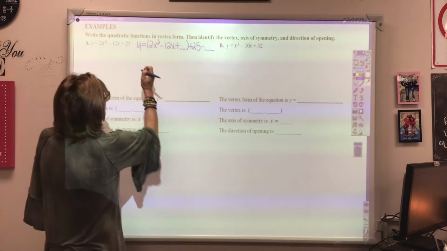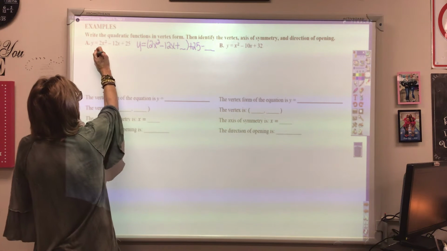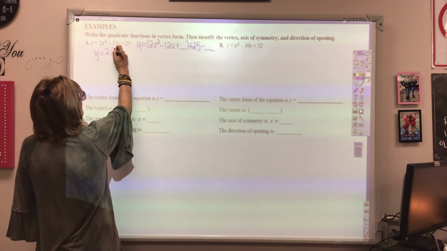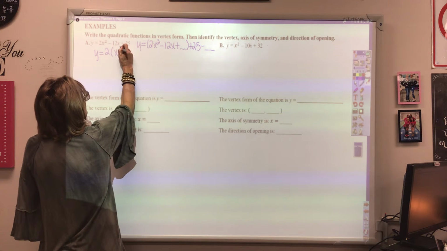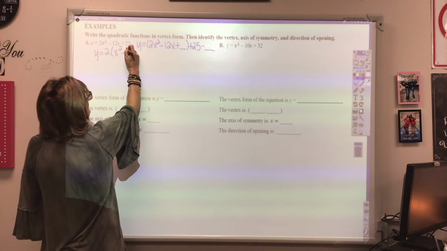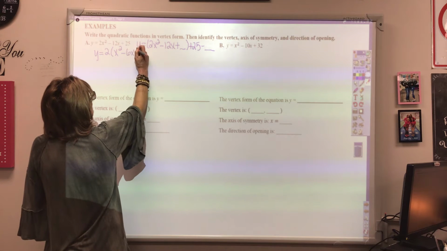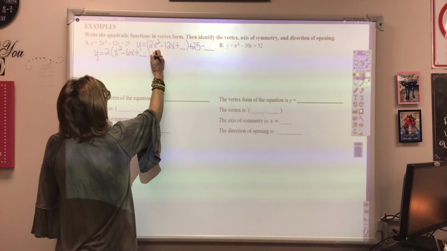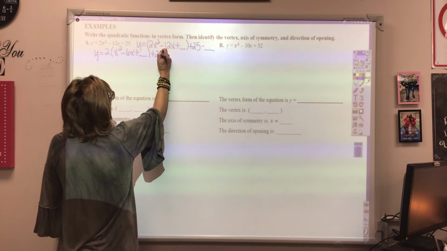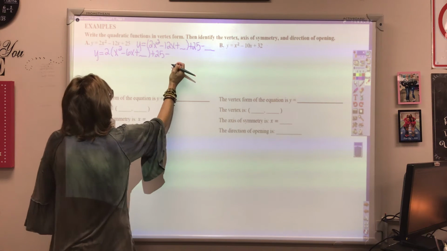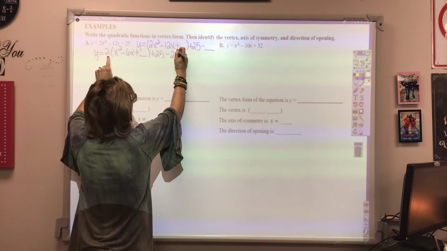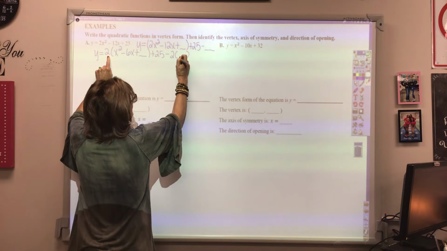So my next step is going to be to rewrite this as y equals 2 times parenthesis x squared minus 6x plus a blank, plus 25, minus, now since I factored out a 2, I have to do 2 times whatever the blank is.